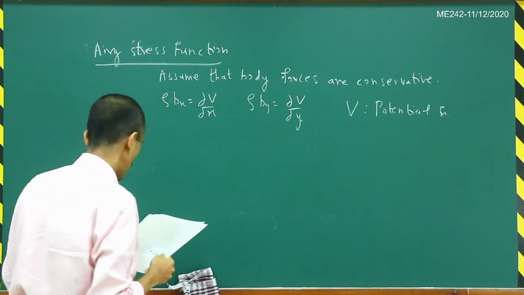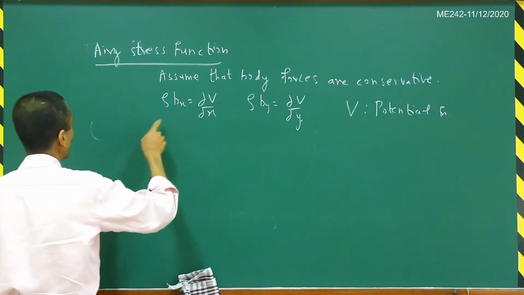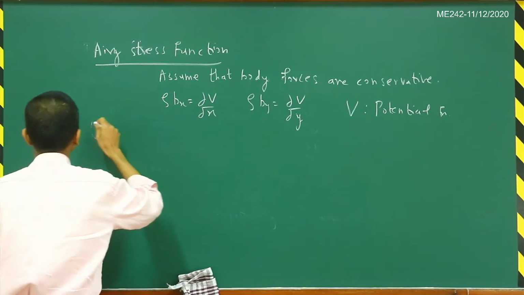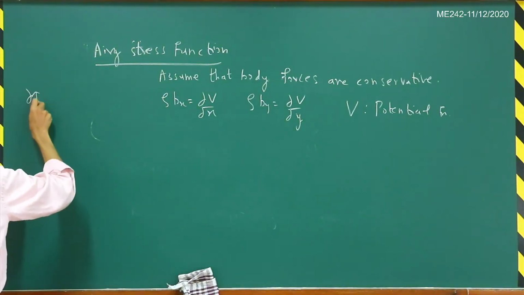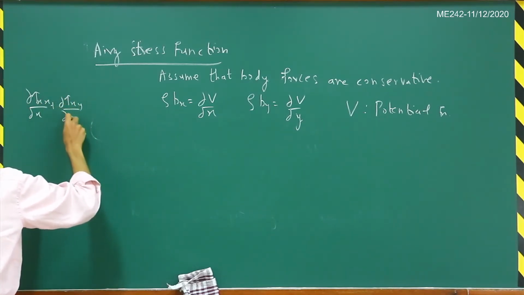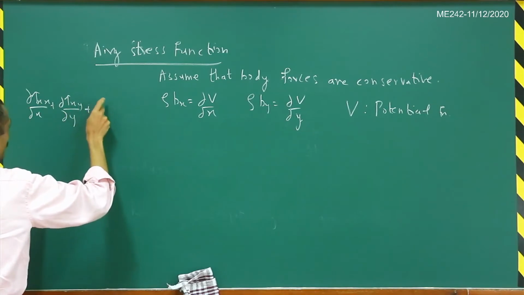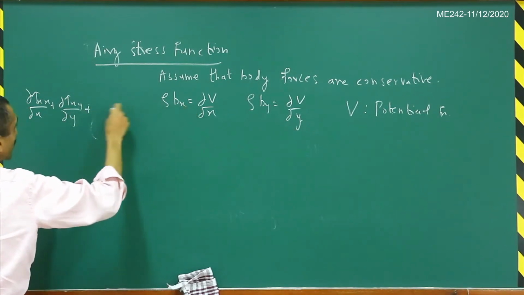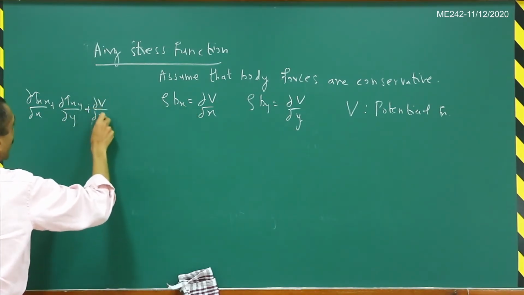Now if I write the equilibrium equations, I will get del tau xx by del x plus del tau xy by del y plus, now this rho bx can be written as del V by del x, equal to 0.